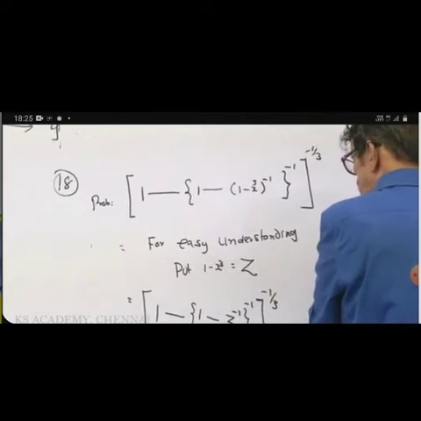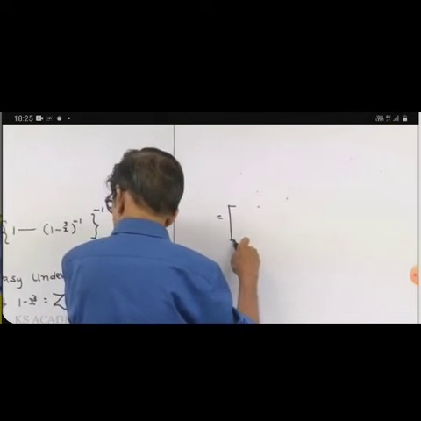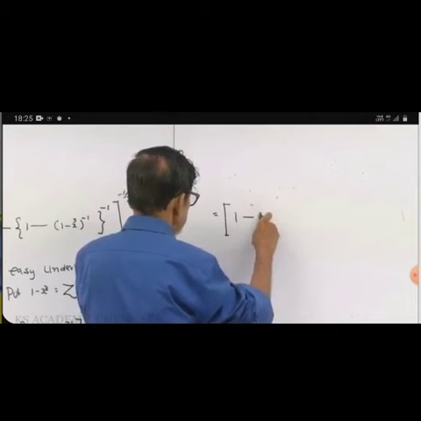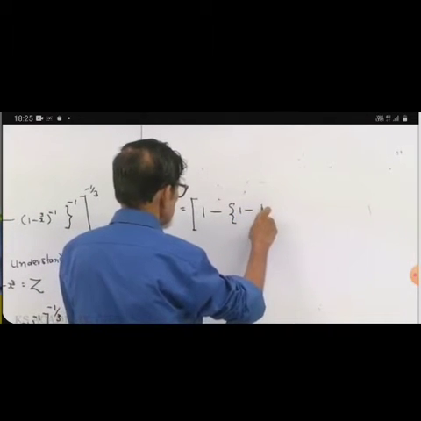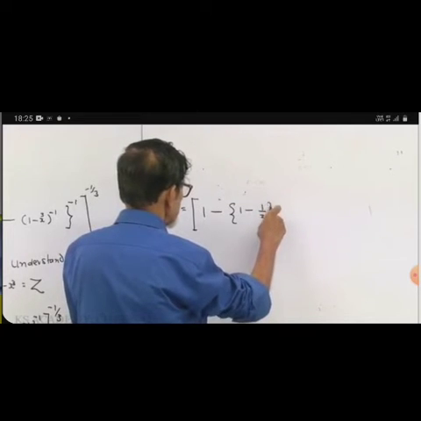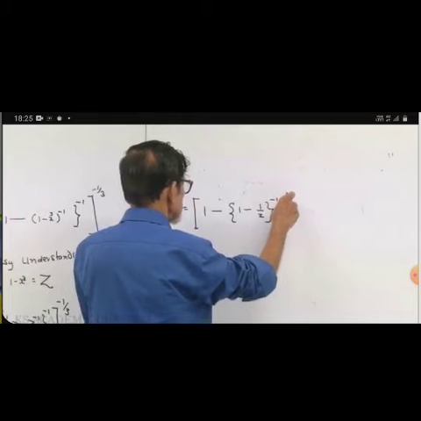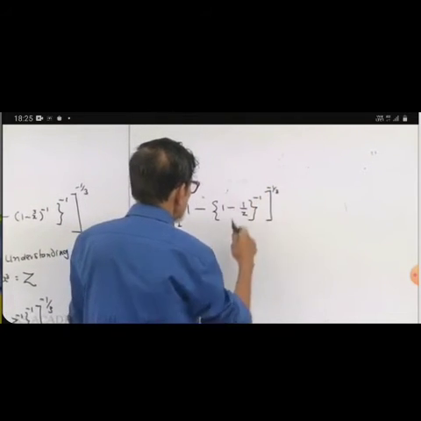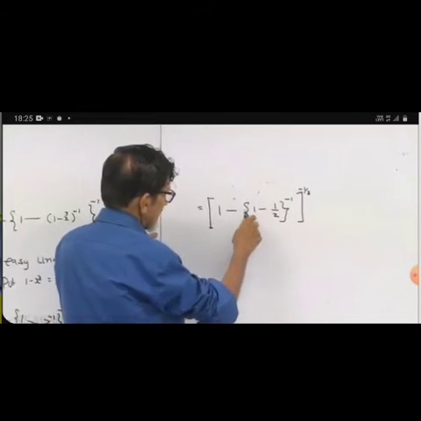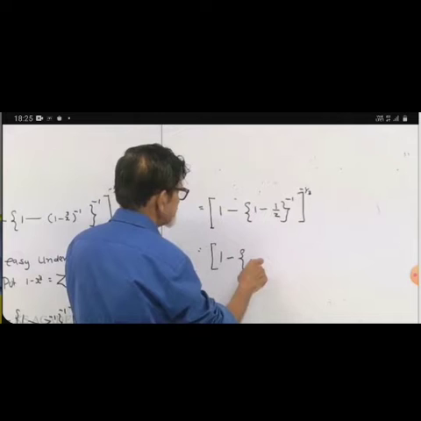One minus z power minus 1, you have to simplify. LCM z.